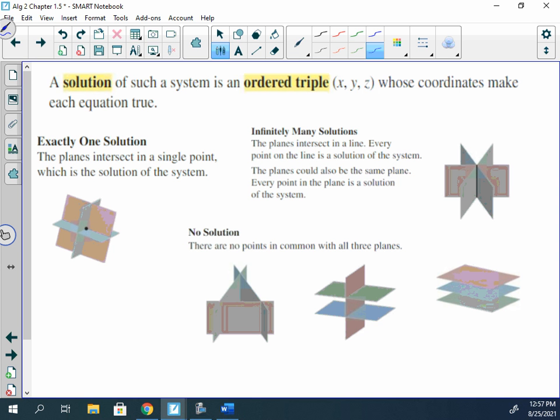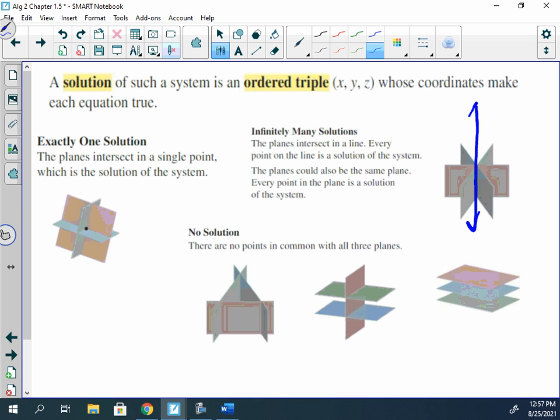There's going to be one point that is in common for all three equations or all three planes, because an equation with three variables represents a plane. And if all three planes intersect at a single point, that would be a solution to the system. That point makes all three equations true. So we can have exactly one point, a single solution.